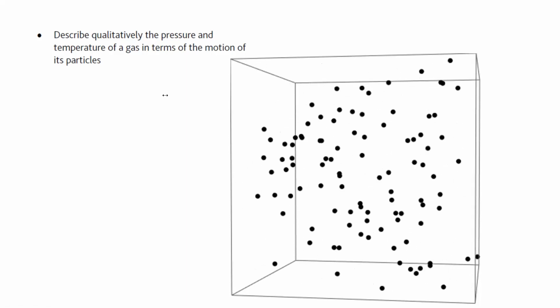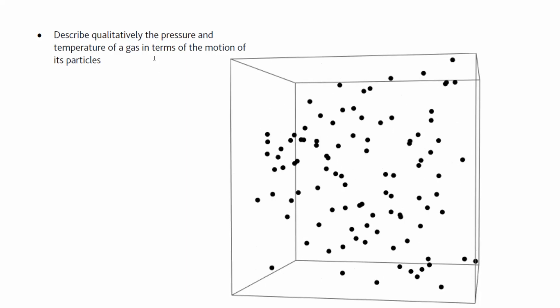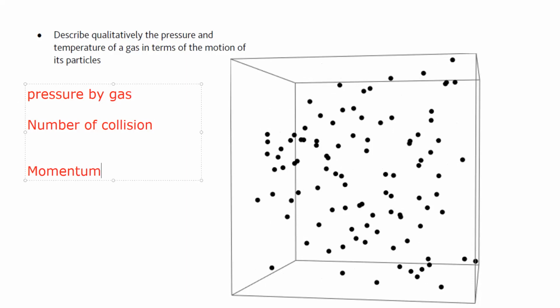You should be able to explain the pressure exerted by the gas in terms of the number of collisions as well as momentum. These are the two ways you should be able to explain the pressure exerted by the gas.